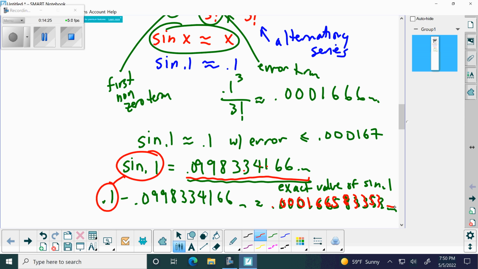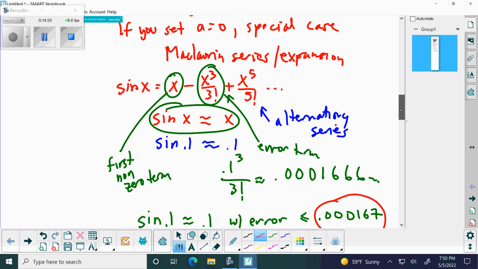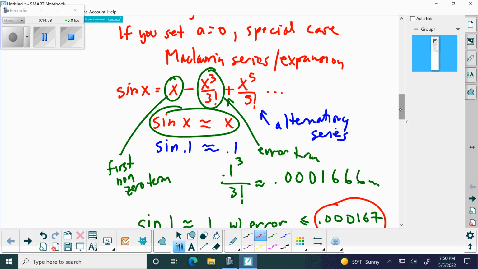Well, I know that the error was going to be within 0.000167. And so indeed, this difference is approximately 0.000166, and that's within 0.000167.